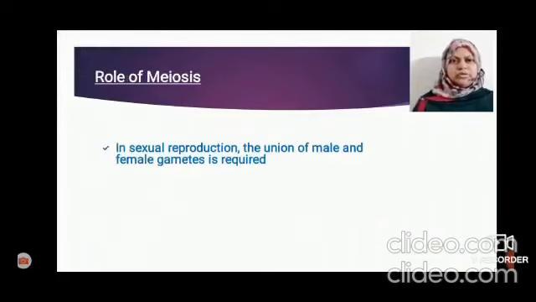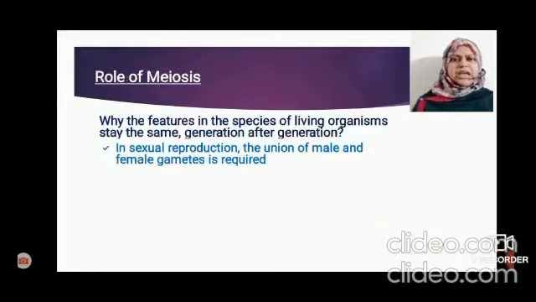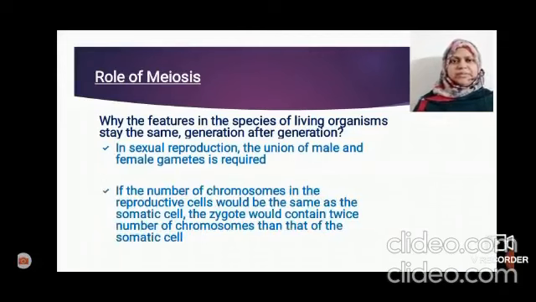Now, role of meiosis. In the sexual reproduction, the union of male and female gametes is required. If the number of chromosomes in the reproductive cells would be the same as the somatic cell, the zygote would contain twice number of chromosomes than that of the somatic cell.